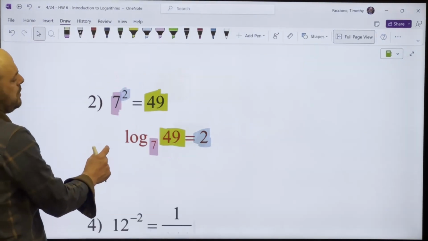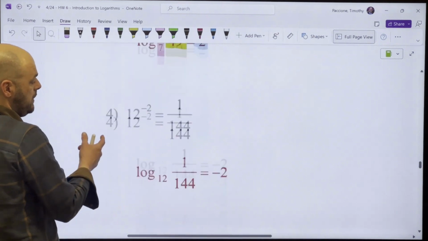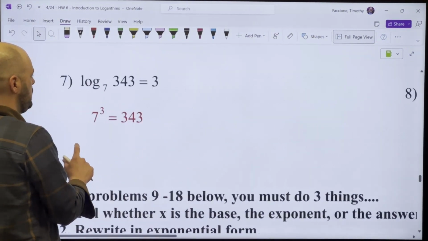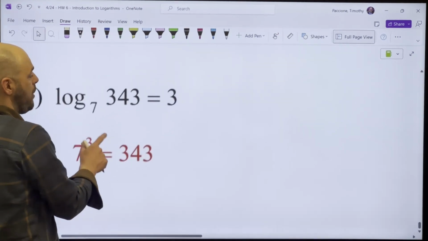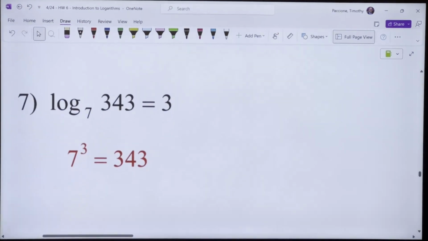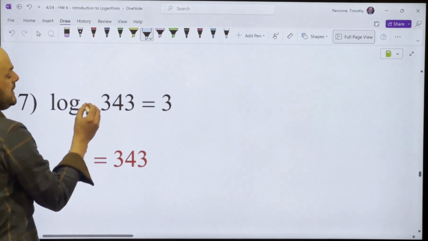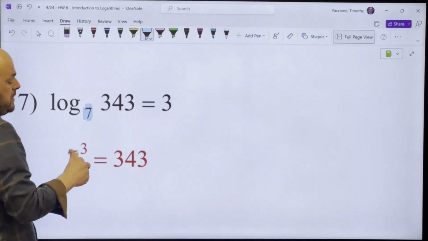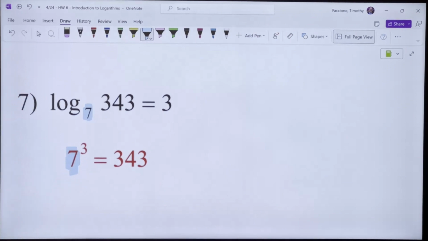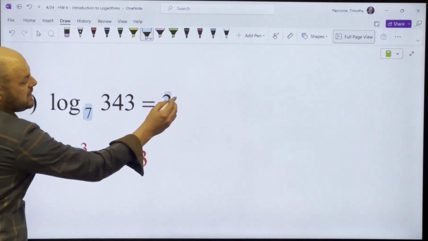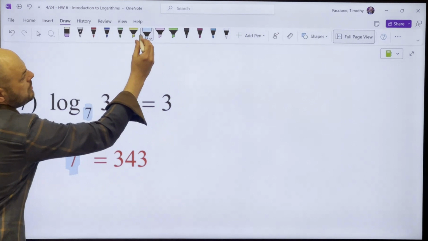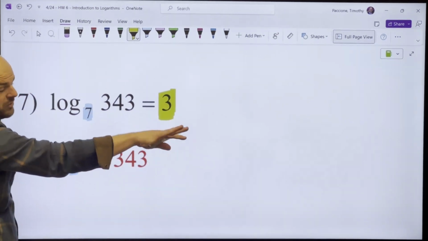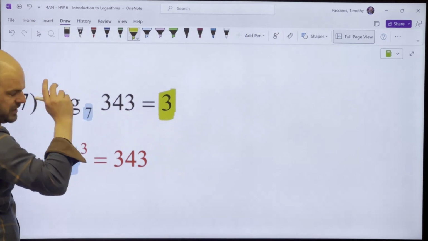All right. So that's the case for all of these. And if you were going the other way, like for instance here, now I have a log that I need to turn into an exponent. Well, I see that this is in the base spot. Bottom is for base, so that goes to the base of my exponent. The exponent over here is always on the other side.